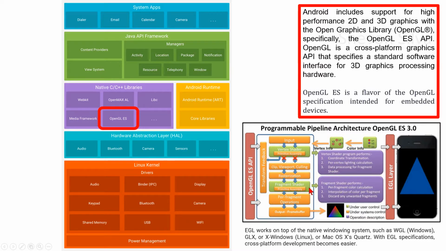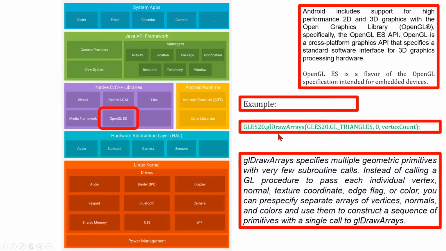The fragment shader performs per-fragment color calculation, interpolation of color per fragment, and discards any unwanted fragments. Here the output frame buffer moves to under user control, under system control, and operation description. These are moving into the EGL layer and to the display. Here as an example you can see glDrawArrays.